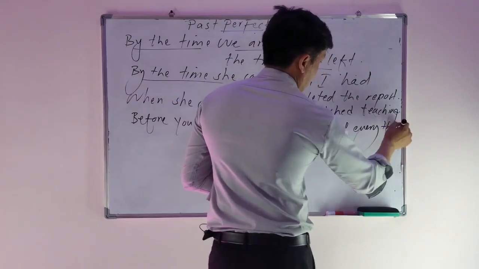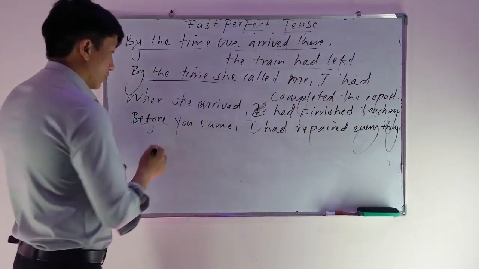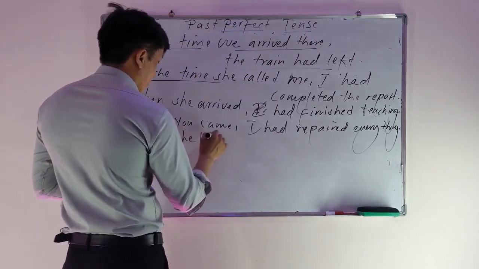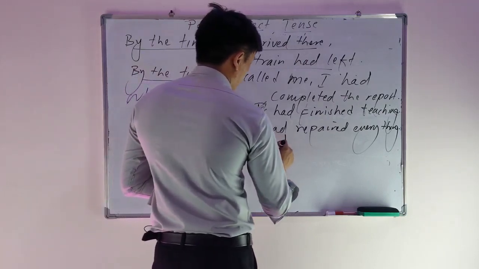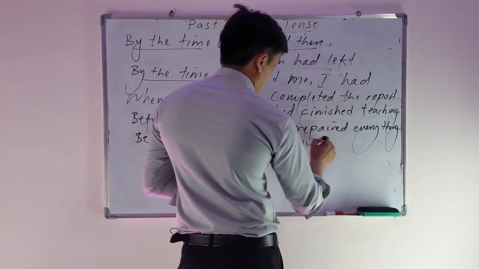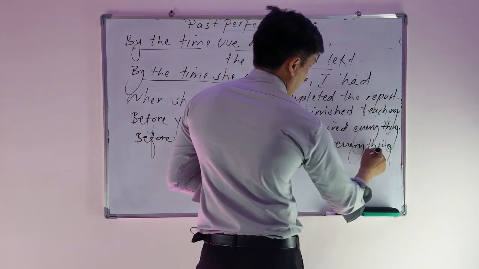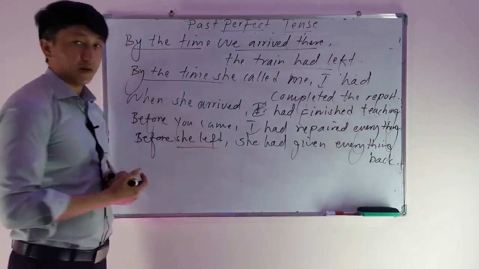Again, here the action of repairing happened before the action of coming. Or I can also say before she left, she had given everything back. So we can say before she left, with simple past.